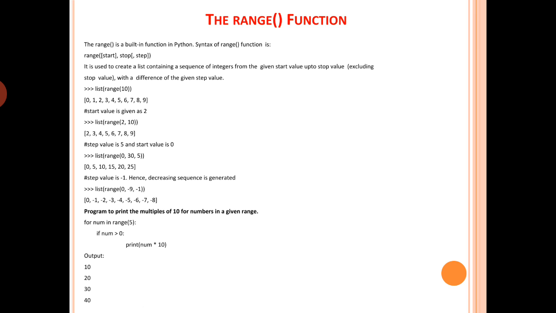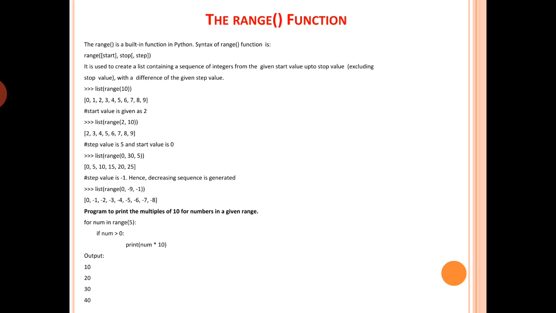Range function. The range function is a built-in function in Python. Syntax of range function is range, start value, stop value, and step value. It is used to create a list containing a sequence of integers from the given start value up to stop value, excluding stop value, with the difference of the given step value.